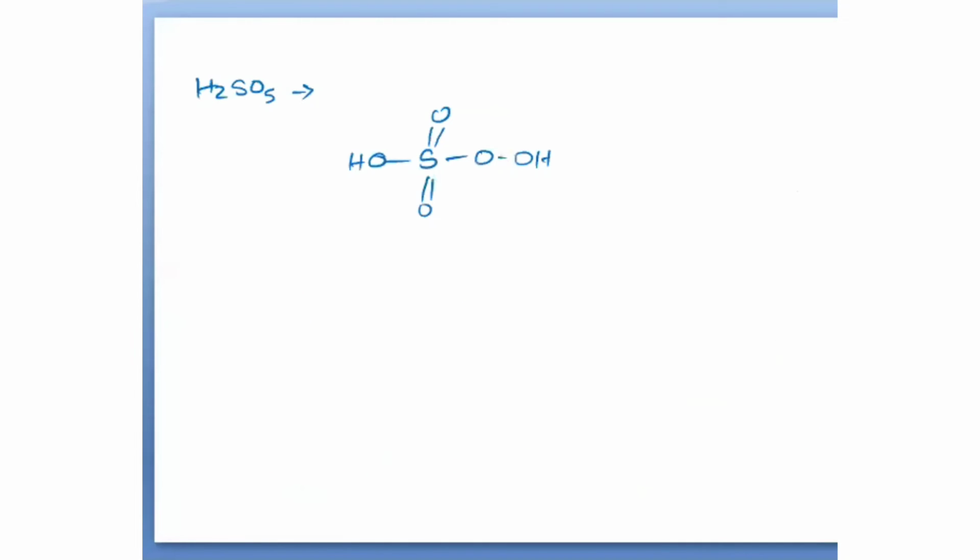Now let us see another important structure, that is our H2SO5. Just remember the structure, because sometimes they ask questions from these structures. One side is OH, and two sides are double bond, but here is the characteristic, that is OOH. So this is the structure of H2SO5.